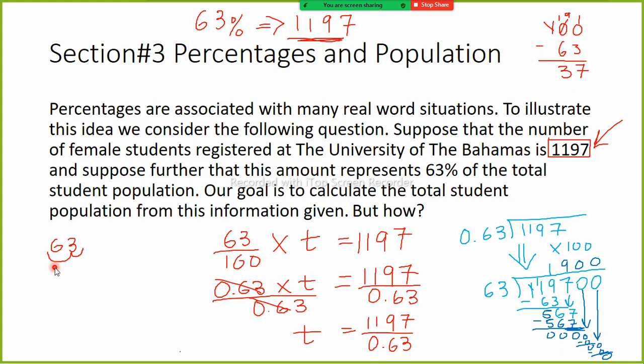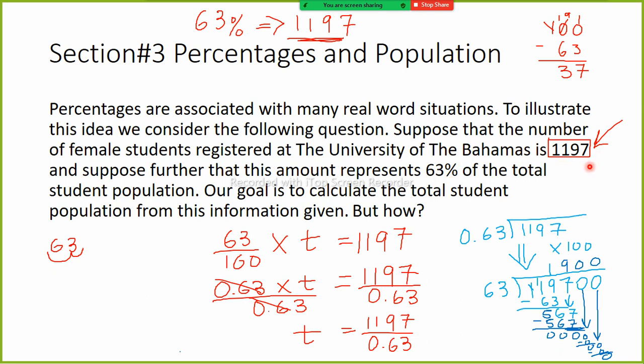Okay, so basically, how do we answer this question? If I give you another question like this, the only thing you need to do is take 63 percent and divide by this number, but add the 2 zeros. So that's how you answer a question like this. You take this number with 2 zeros and divide it by 63.